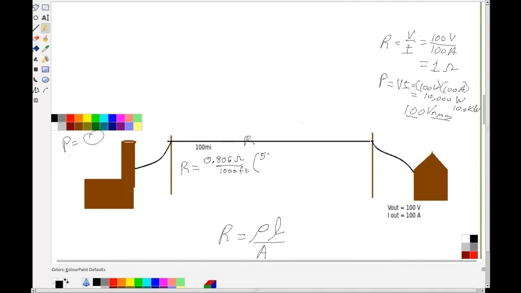So we take 5,280 feet per mile, and then times 100 miles. Miles will cancel, feet will cancel, and I will be left with ohms.